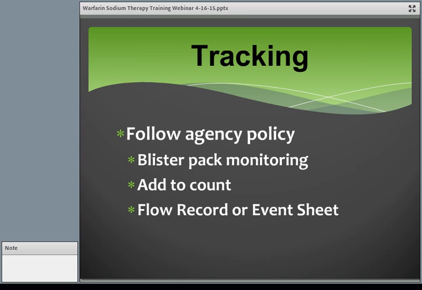Each agency must have a tracking method in place for warfarin sodium. Some examples of tracking are listed above. If blister pack monitoring is done, be sure to include the date, time, and initials of the staff administering the medication on the back of the blister pack for each dose administered.